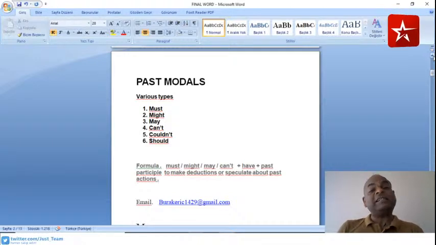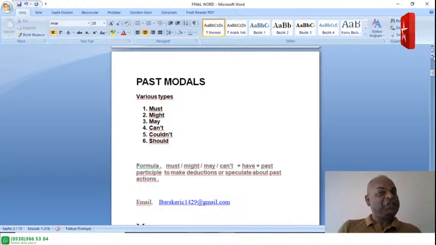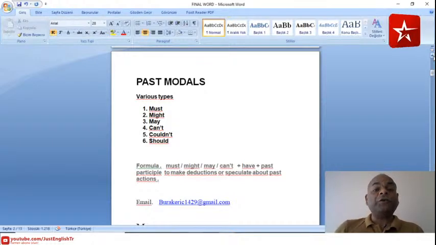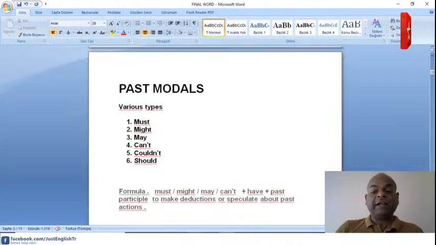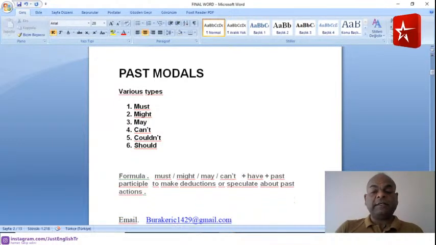So now let's start with our modal past verbs. When we speak in English, or when we write down, we have different past modal verbs. Let me just zoom my screen for you guys here. Like you can see here, we have various types of past modal verbs.